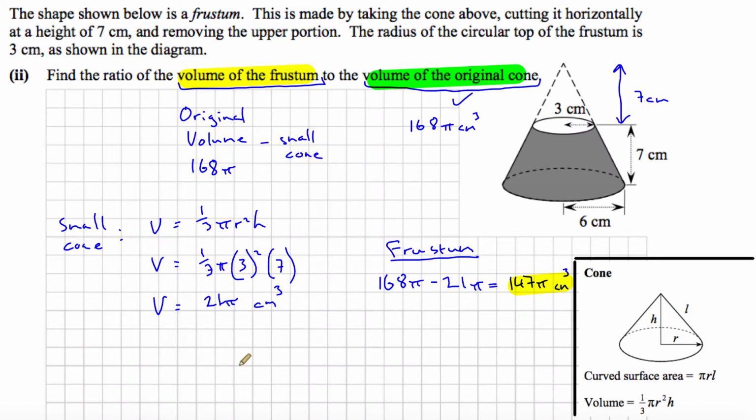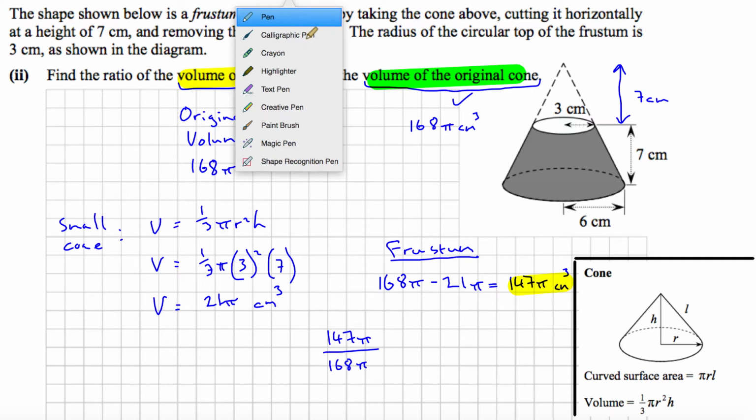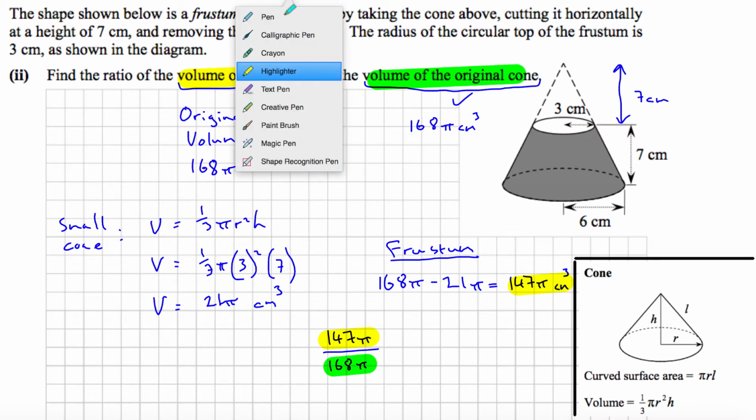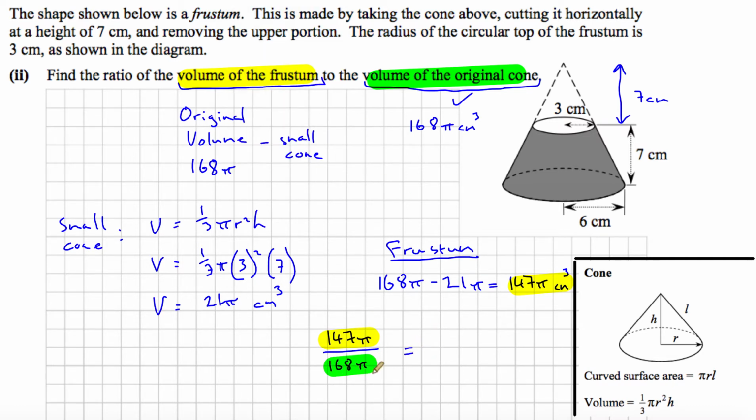So if we want to write it as a ratio, you can write it as the fraction 147 pi over the original 168 pi. So again, just to be clear, that's the yellow as a ratio to the green, so I write it as a fraction. And if we put this in our calculators and simplify, we get 7/8.